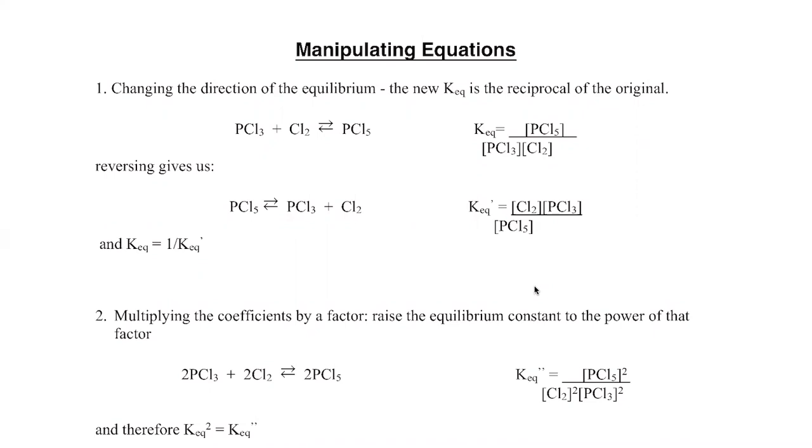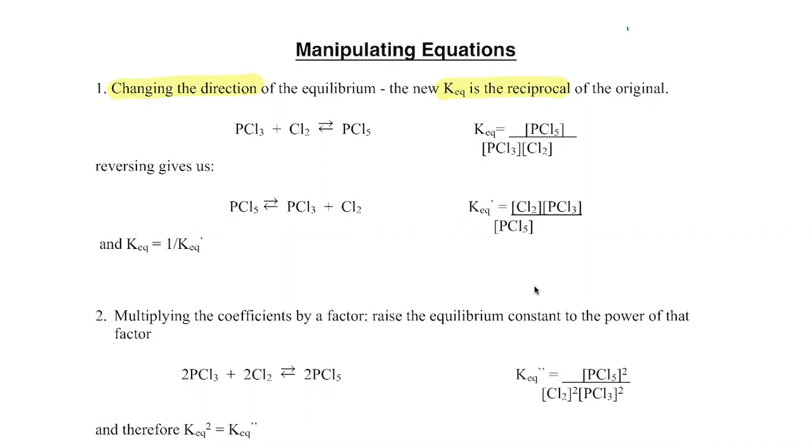The first one is going to be changing the direction. A change in direction is going to change the KEQ to be the reciprocal of that. So if we look at this example, PCl3 plus chlorine gas makes PCl5. There's our reaction written in the forward direction.